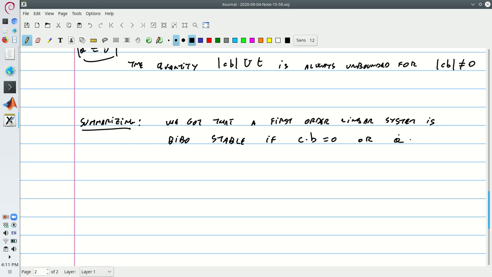This is when a system is bounded input, bounded output stable.